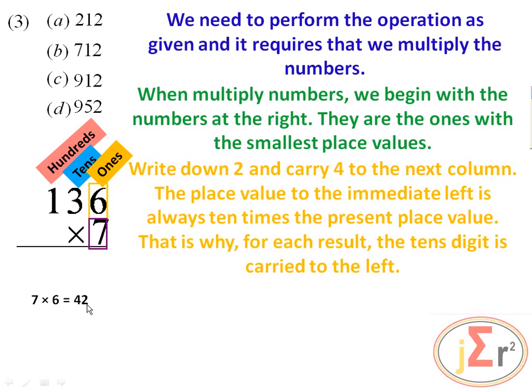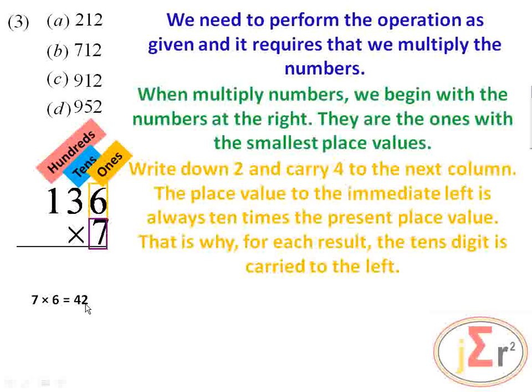This number is 42. So this number on its own has 2 ones and 4 tens. The tens digit will be carried to the digit of greater significance, which is located to the left. And we will retain the ones digit of 42 in the column in which we are working.